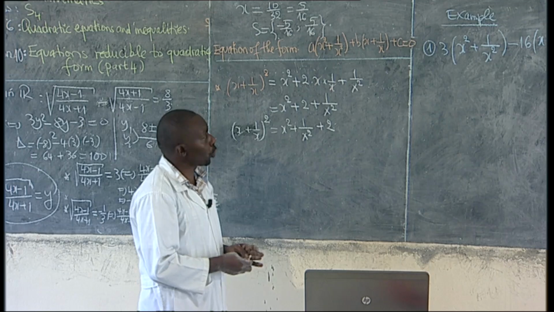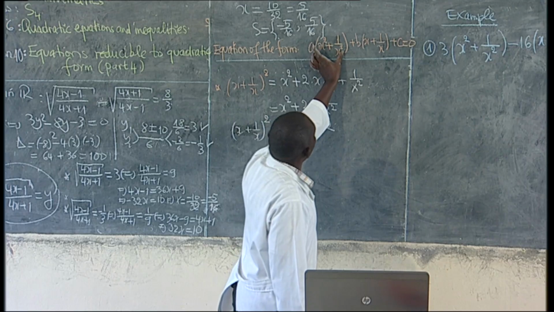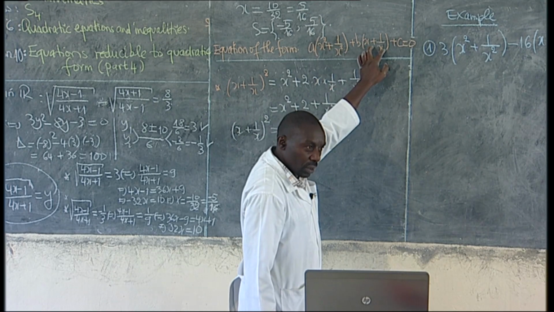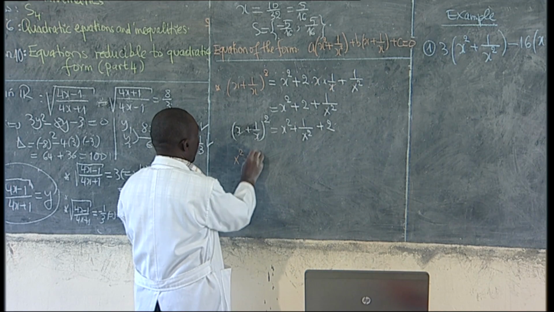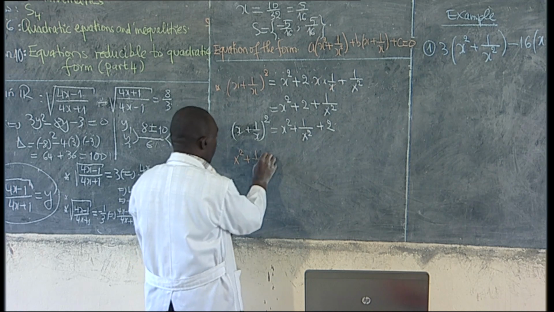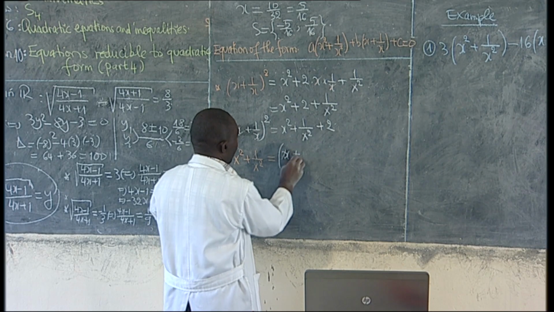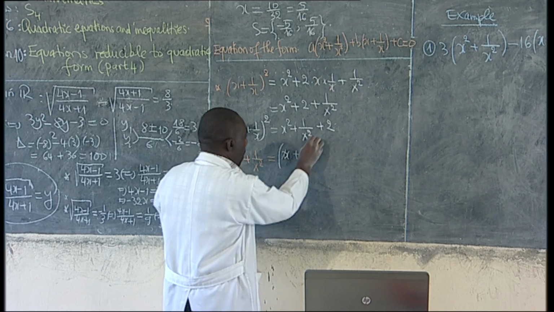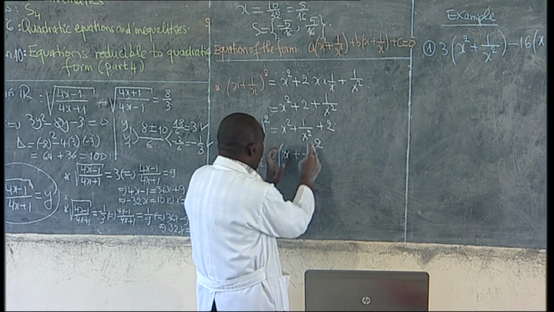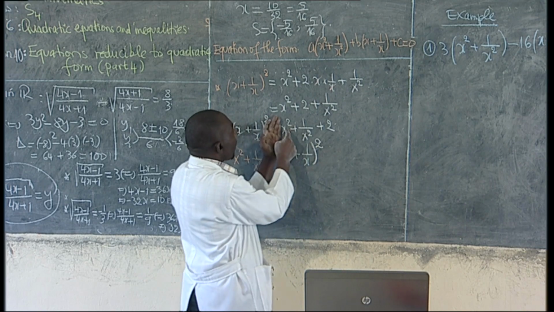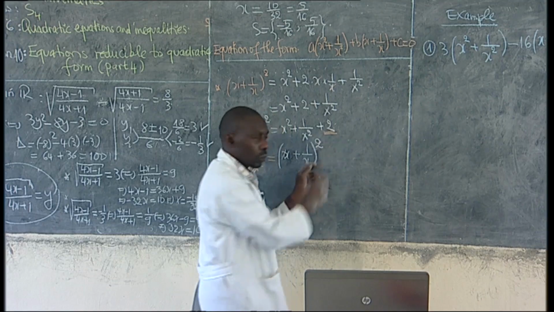So it means that if I want to solve this kind of equation, I have to express this expression in terms of this one. Means that x squared plus 1 divided by x squared is equal to x plus 1 divided by x, squared. But when I write x plus 1 divided by x, squared, I have x squared plus 1 divided by x squared, and I add 2.